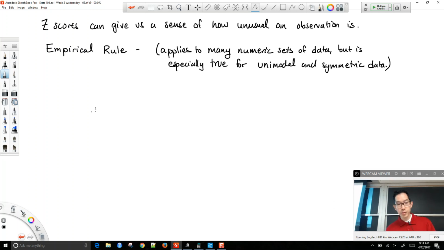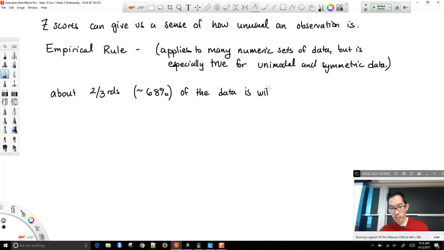And so what the empirical rule says is that about 2/3, closer to 68%. So I'll say, about 68% of the data is within one standard deviation of the mean.